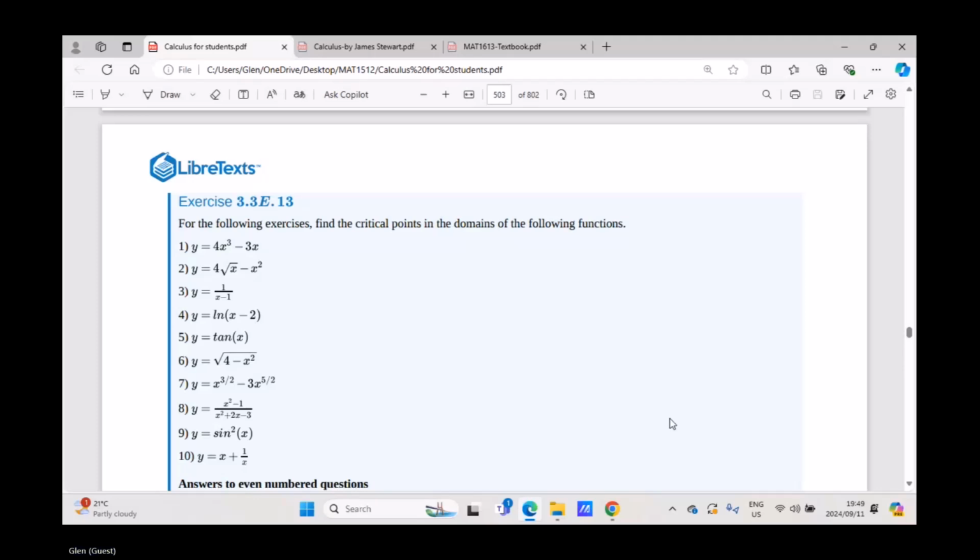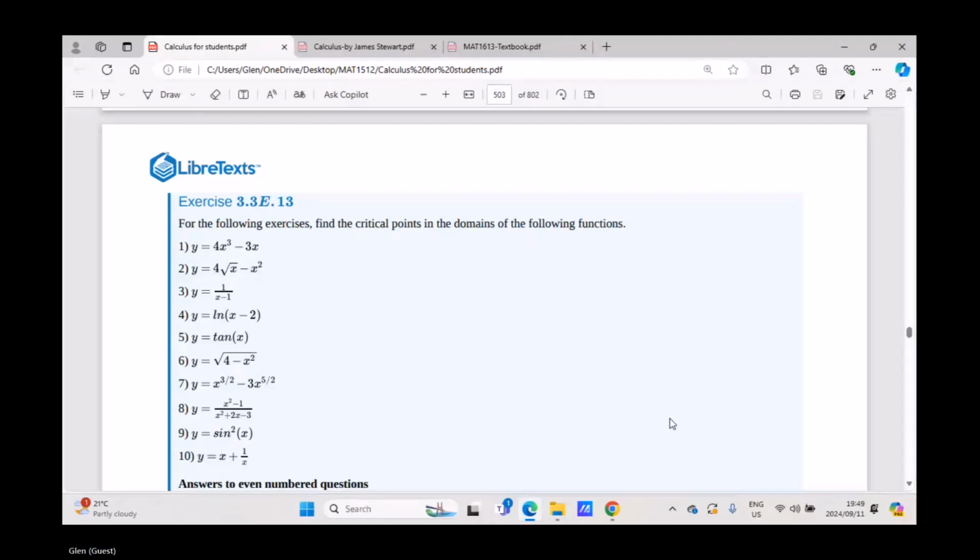So for us to look for the solution, we have to derive the denominator and the numerator, since there are two functions. If you can check there, it's two functions: x minus 1, and the other function, x squared plus 2x minus 3.